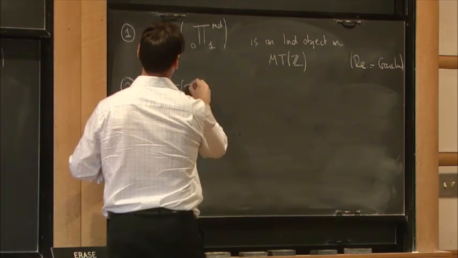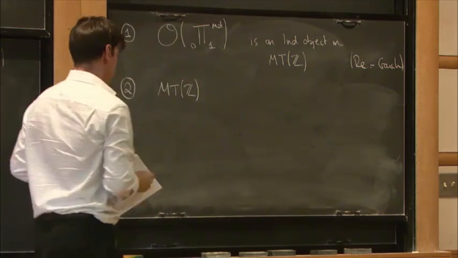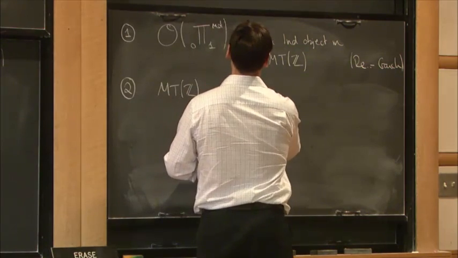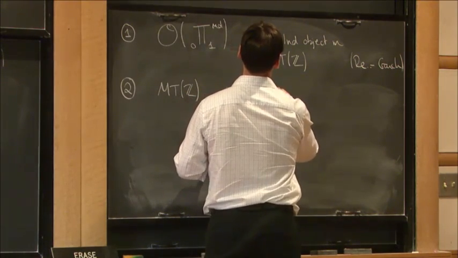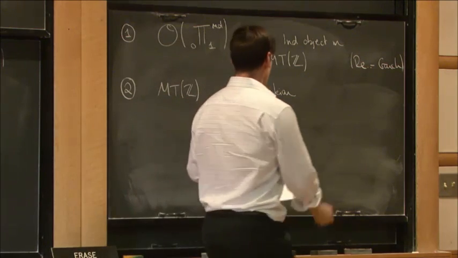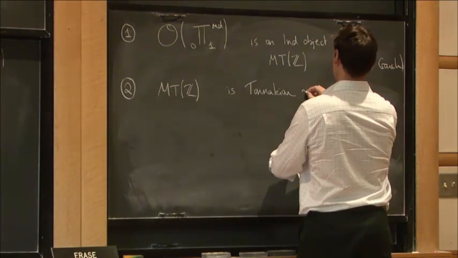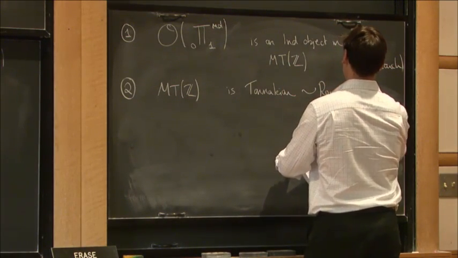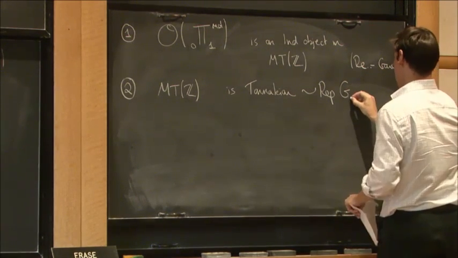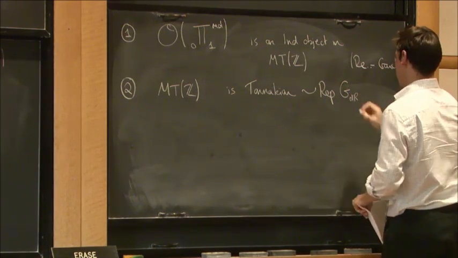And we know that this category of mixed-state motives over Z is a Tannakian category, and it has a canonical fiber functor, and it is therefore equivalent to the category of representations of a group I'll call G de Rham.